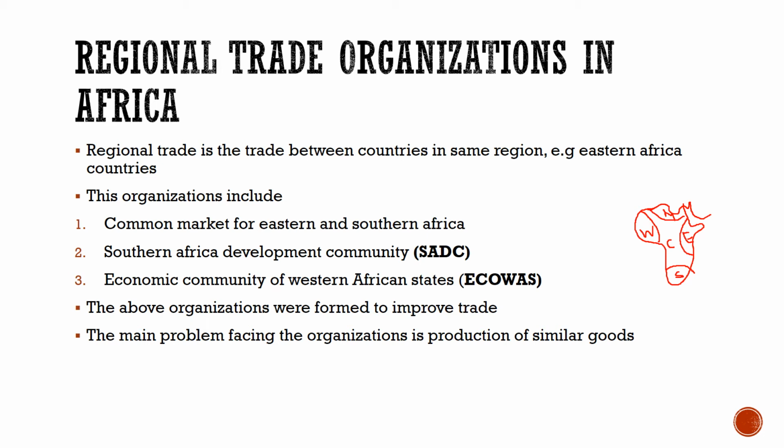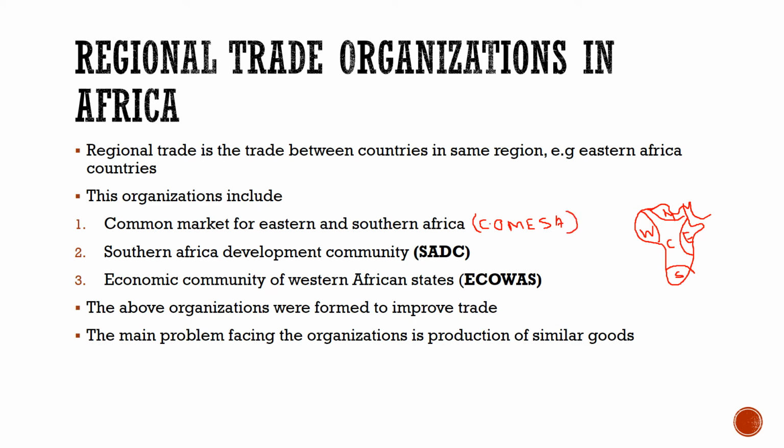And examples of these trade organizations include: number one, the Common Market for Eastern and Southern Africa. I just forgot to write in bracket, it should be COMESA. Common Market for Eastern and Southern Africa, in bracket, COMESA.